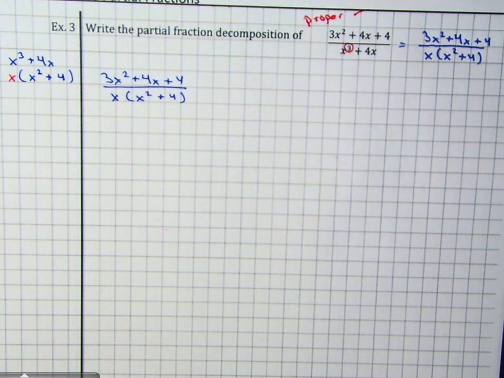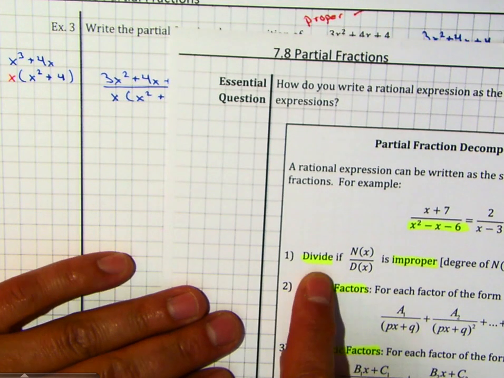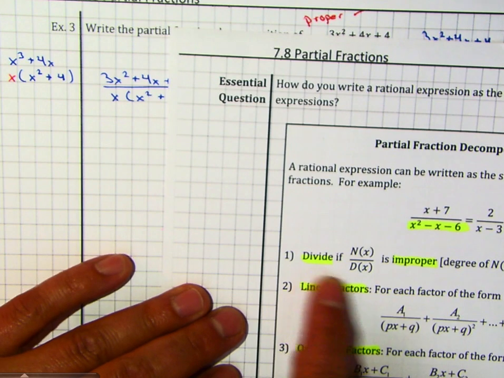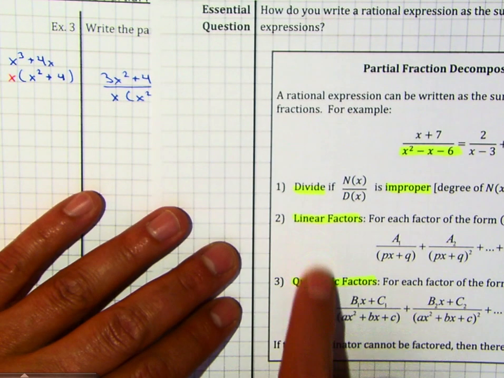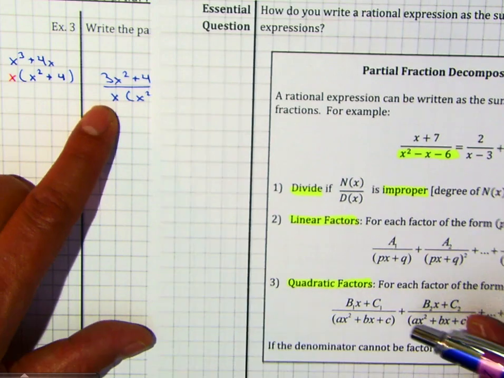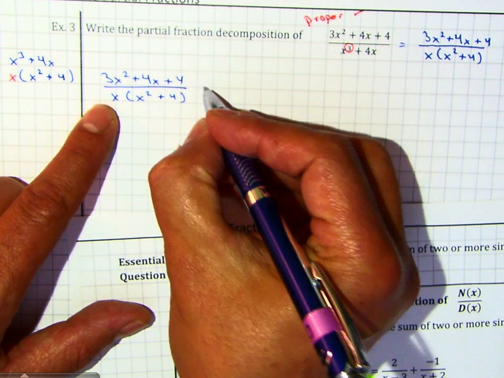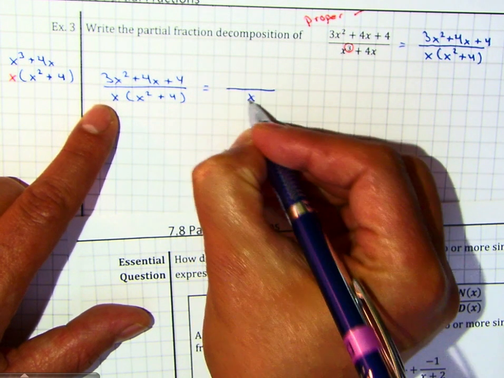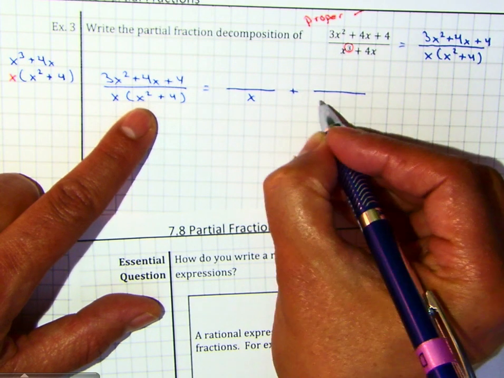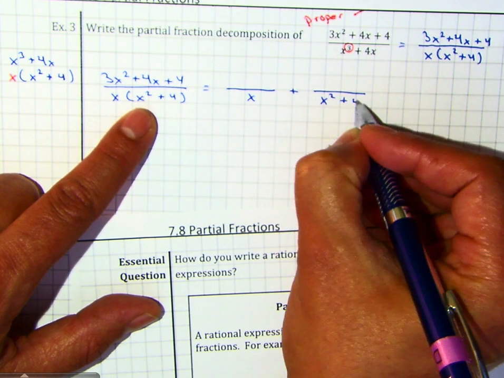And now, according to our rules, they're proper. We need to decide if they're linear or quadratic factors. Notice that in this case, my x is a linear factor, and my x squared plus 4 is a quadratic factor.